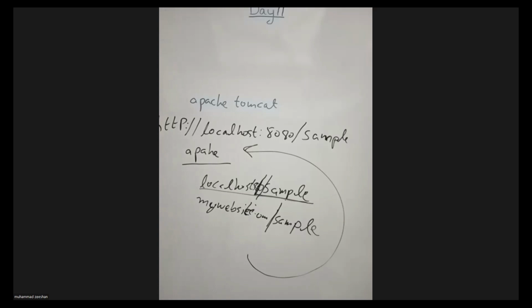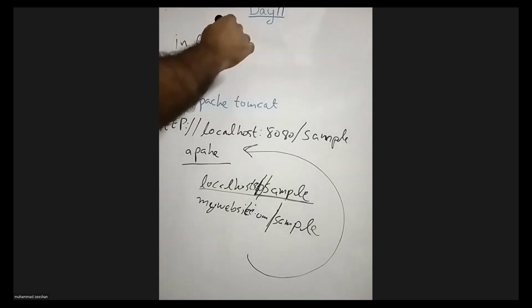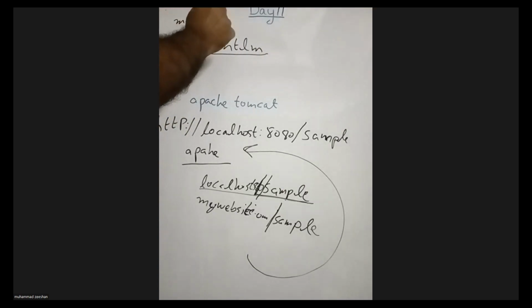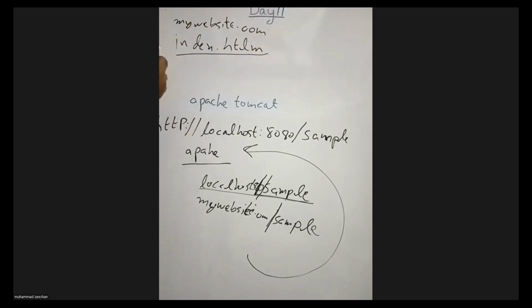So for that, I tell my Apache, if someone is hitting the website, I have created an index.html page. We have defined that our first page is index.html or index.php in our Apache configuration in our previous classes. So if someone is browsing mywebsite.com, it will hit this index.html page.